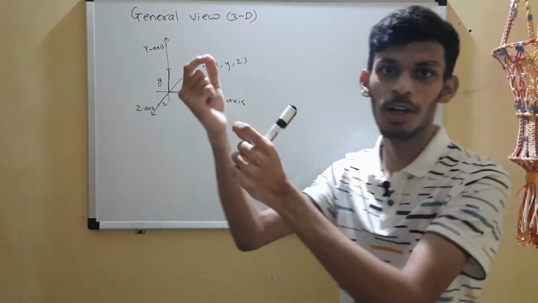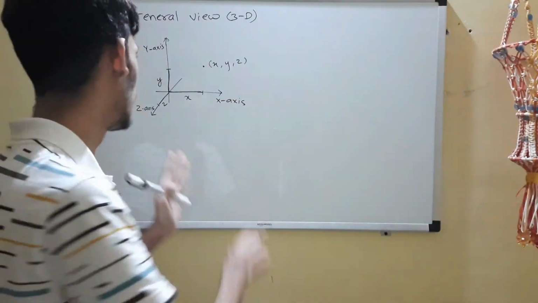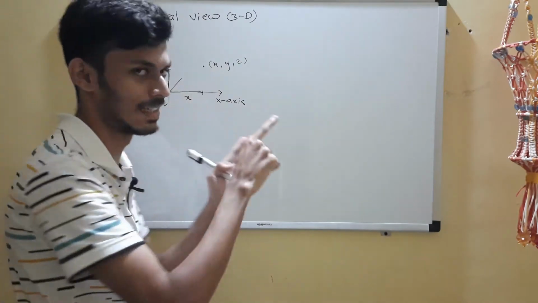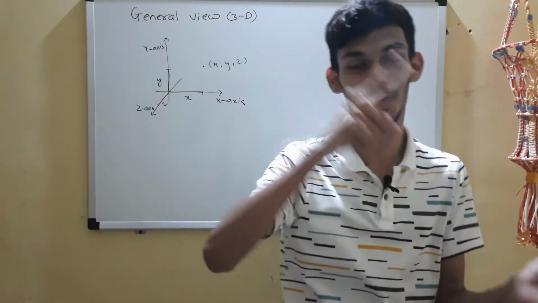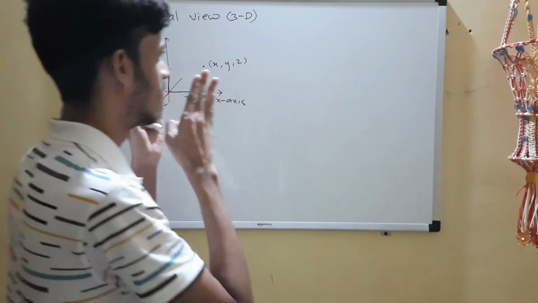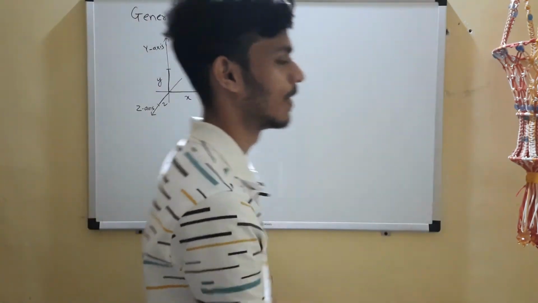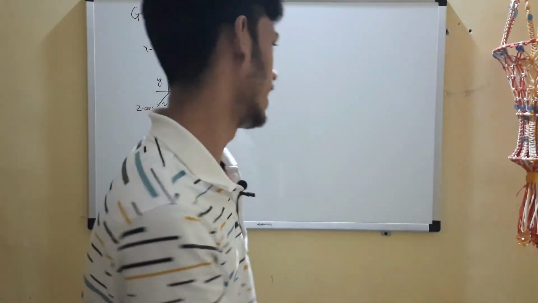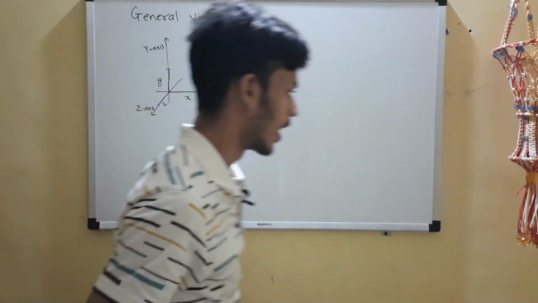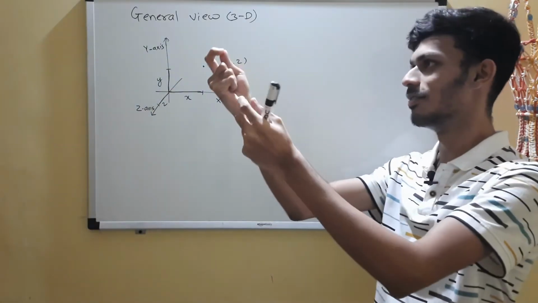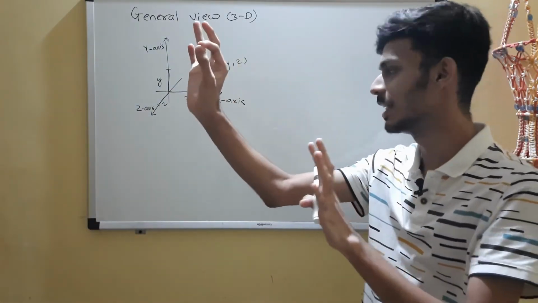To reach that point, what do I have to do? I have to travel all these distances, just like the friend coming to your house has to travel something in the east direction and something in the north direction.